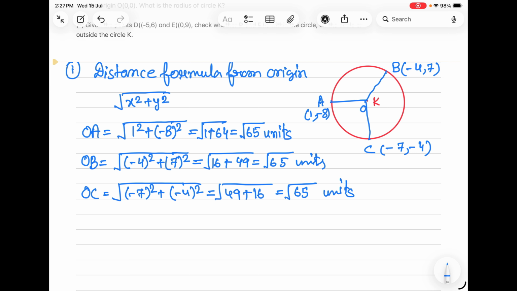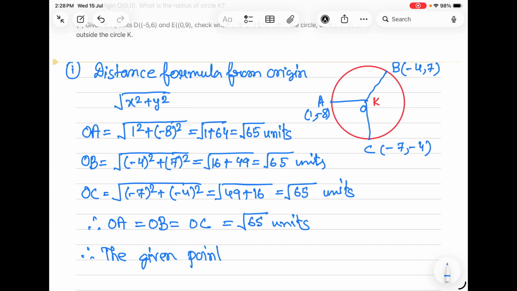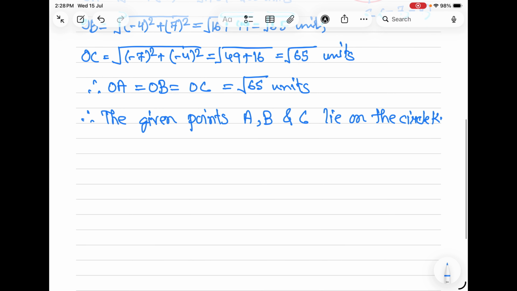So they are lying on this circle K. So you can write OA equals OB equals OC equals square root of 65 units. Therefore, the given points A, B and C lie on the circle K. This is the answer.